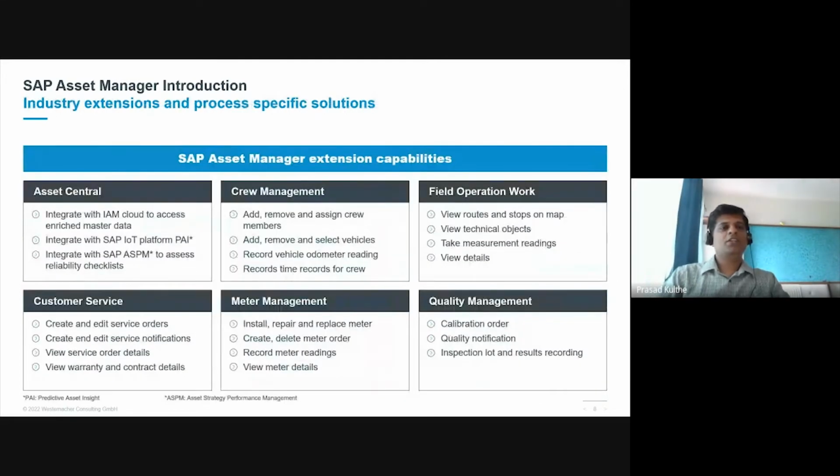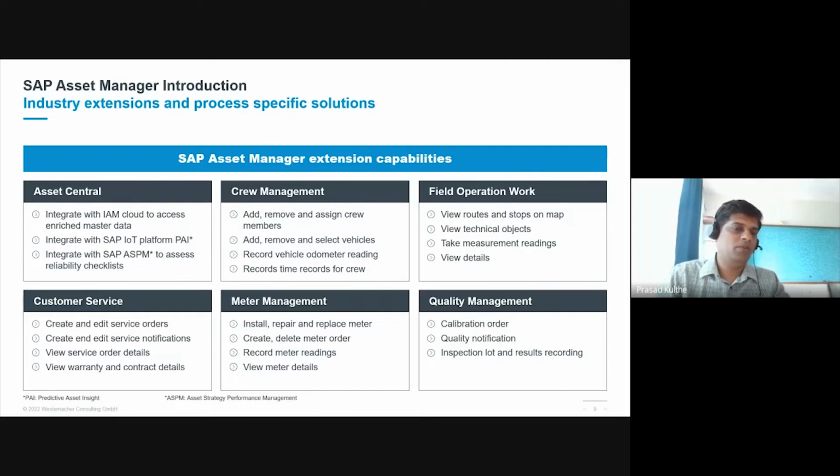Moving to the extension components of Asset Manager. SAP Asset Manager also supports extensions which are very specific to the processes or industry you come from. Starting with Asset Central. Asset Central is a central master data layer for the Intelligent Asset Management suite.